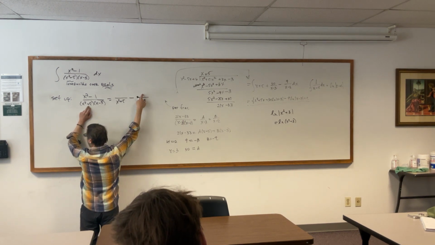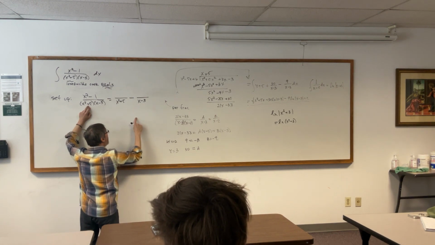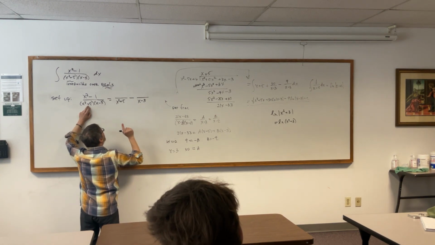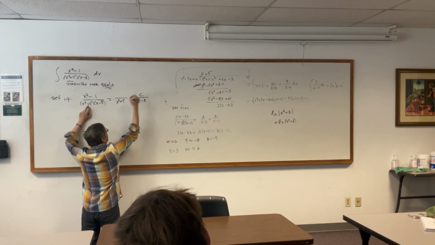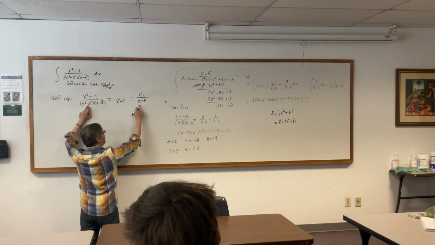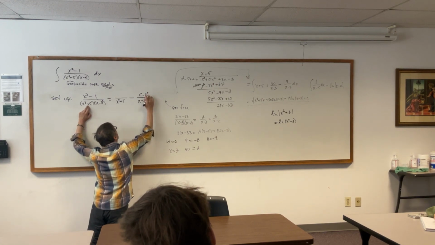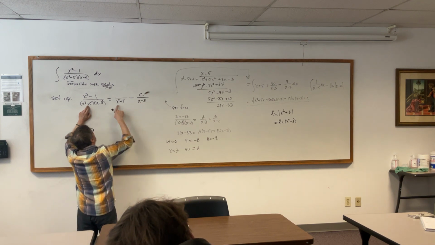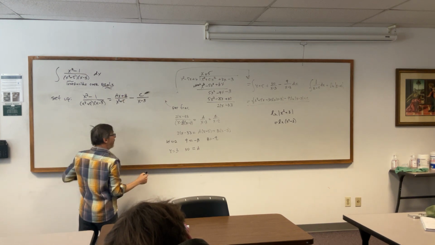This is just going to have a constant on top. The rule is the thing on top needs to be 1 degree less than the denominator. So here I would just put a C, because that's degree 1 on the bottom and degree 0 on top, right? There's an x to the 0 hidden in there. But this one I need a first degree arbitrary, so I'm going to put ax plus b on top.